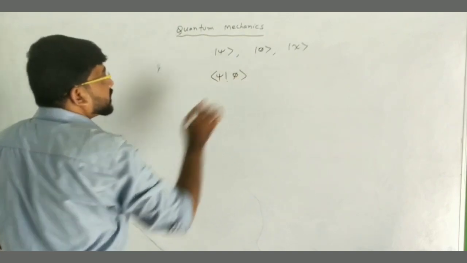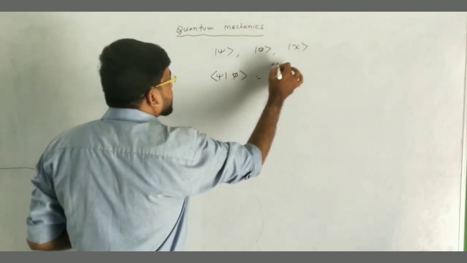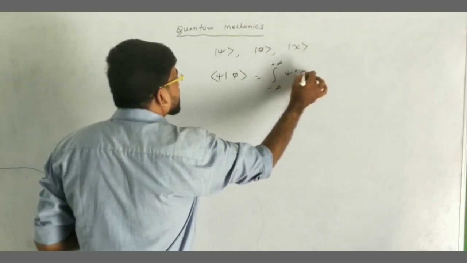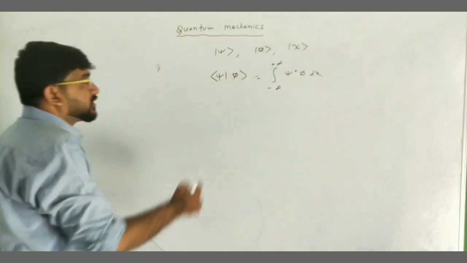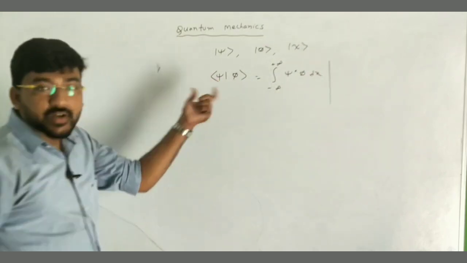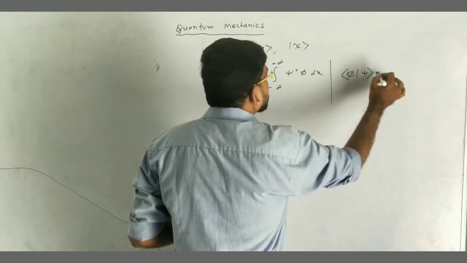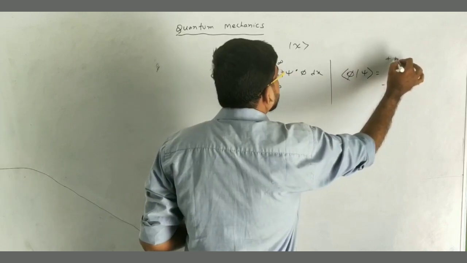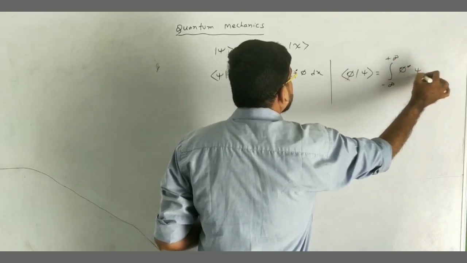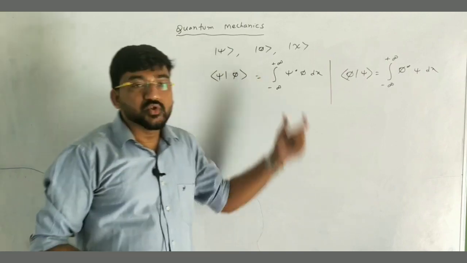This is the definition of scalar product: it is equal to the integral from minus infinity to plus infinity of psi star phi dx. Otherwise, if you define this scalar product as phi with psi, then it will be the integral from minus infinity to plus infinity of phi star psi dx. And here psi star and phi star are basically the complex conjugates of those functions.